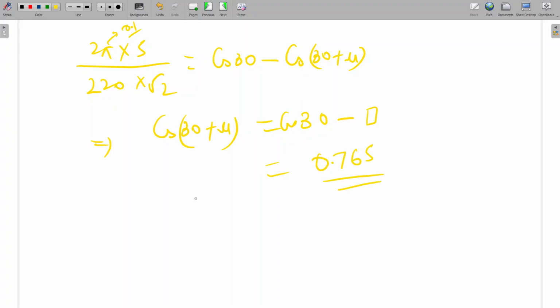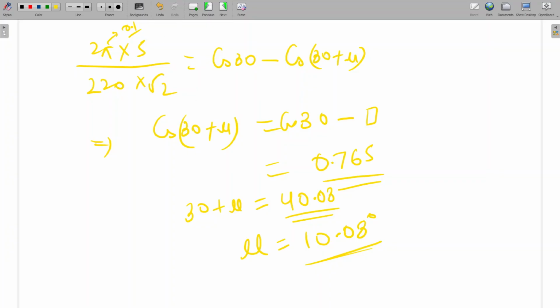If we take the inverse, 30 plus mu will be equal to... Anyone have calculated the mu value? 40.08, sir. Okay, minus 30 degrees. So mu will be 10.08 degrees.